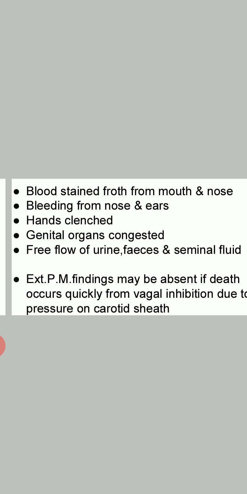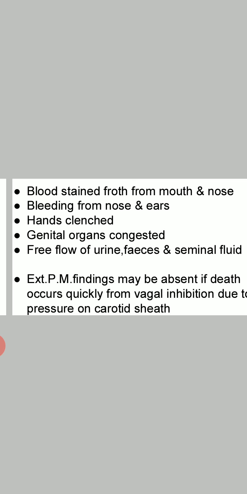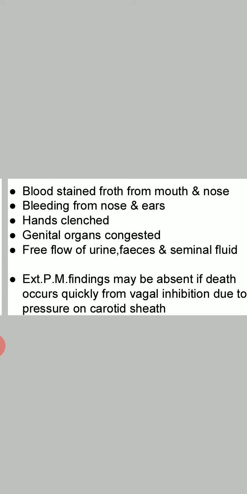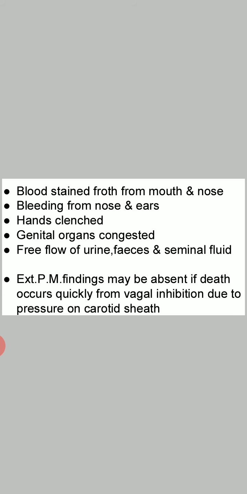Specific signs of strangulation are the ligature mark, midline or below the level of the thyroid cartilage, and petechial hemorrhage around the ligature mark, that is indicative of strangulation, right? We'll talk more about the internal postmortem findings in case of death from strangulation next time.